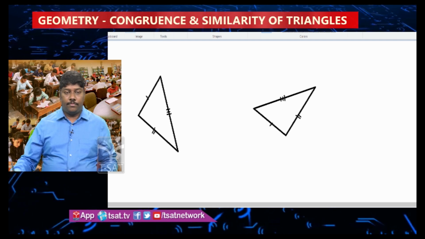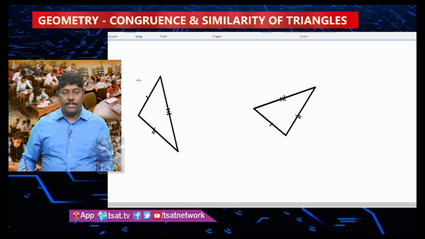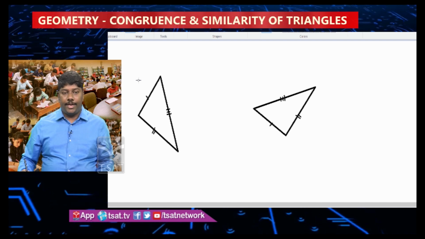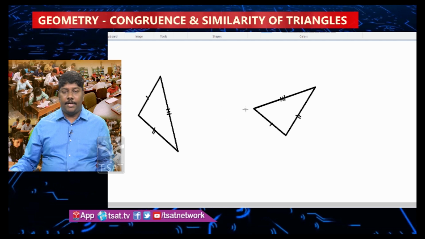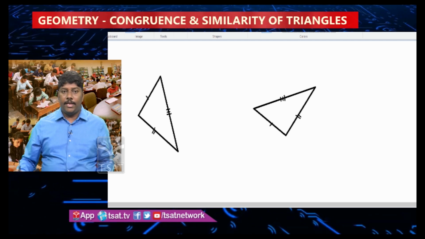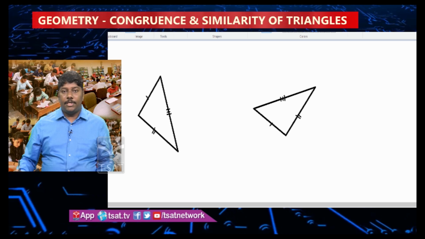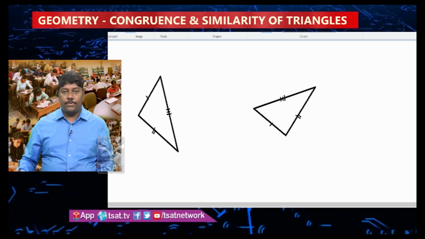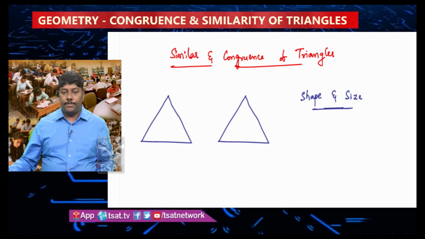Now, by looking at side 1, side 2, side 3, we can say these two triangles are equal in shape as well as in size. I may not be giving them exactly, but I am rotating it and giving it. In any pattern, it doesn't matter, but all you must remember is they must be equal in shape as well as in size. So, you call it congruency of triangles.